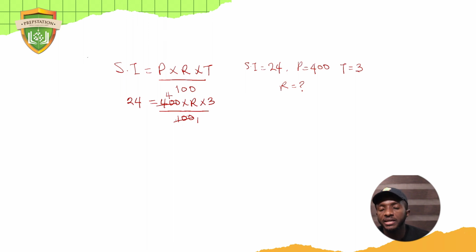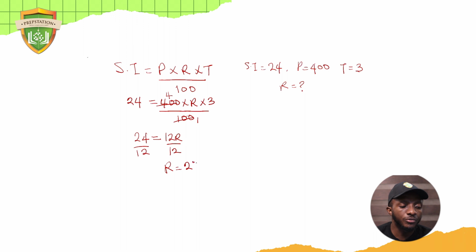So more like saying 100 in 100 is 1, 100 in 400 is 4. So if you do the math, multiply, 4 times r is 4r, 4r times 3 is 12r. So if we divide both sides by 12, we're going to have our r to be 2%.